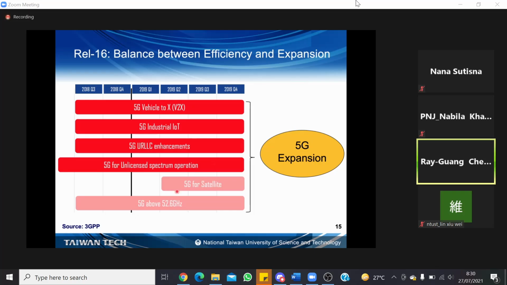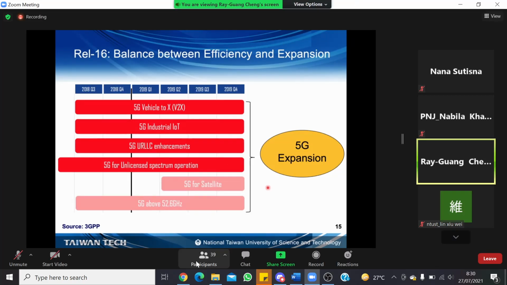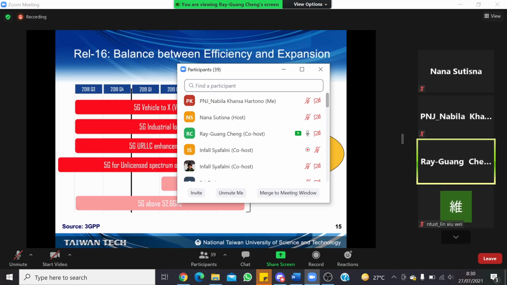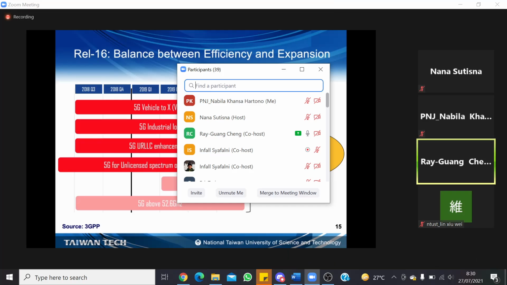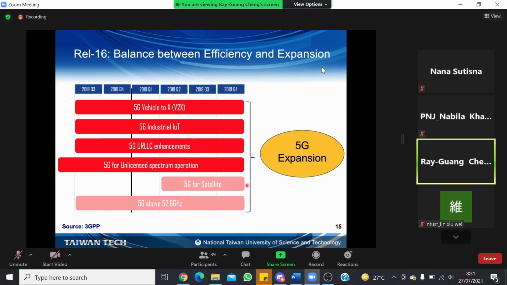You can also find that they still have some other progress. First one is 5G for satellite. Now it may become the fundamental for the 6th generation. They call it next generation non-terrestrial network, NTN. NTN is the term they use for satellite communication.